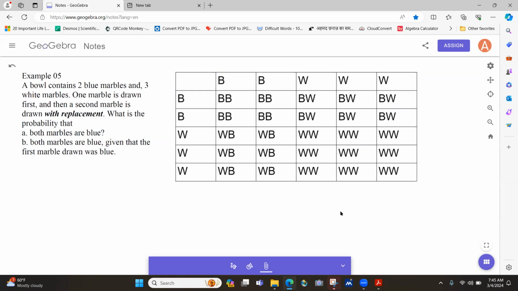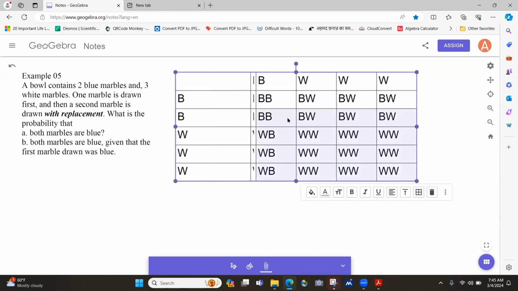This is my sample space, okay? Without the condition. We're going to come back to the condition, okay? Now, these problems take a little bit of time. Be aware of that.